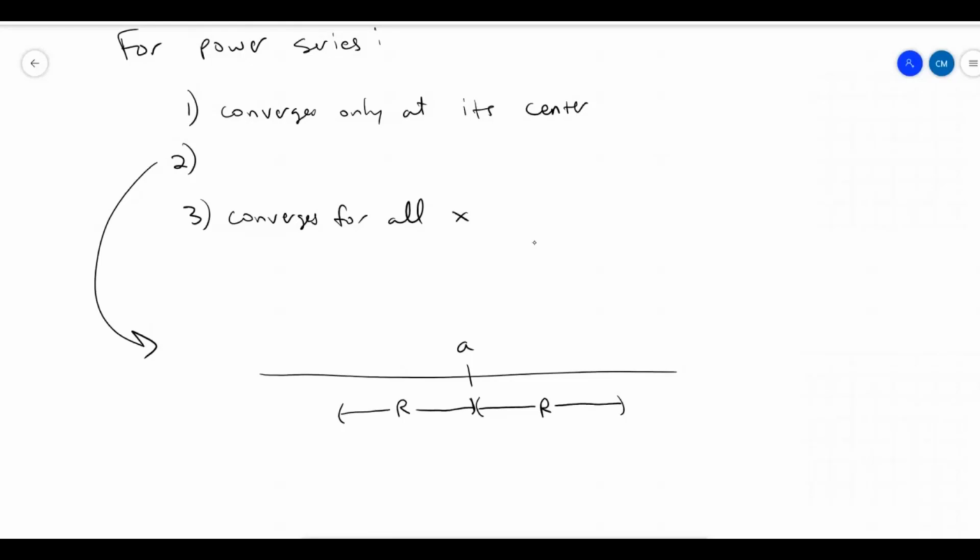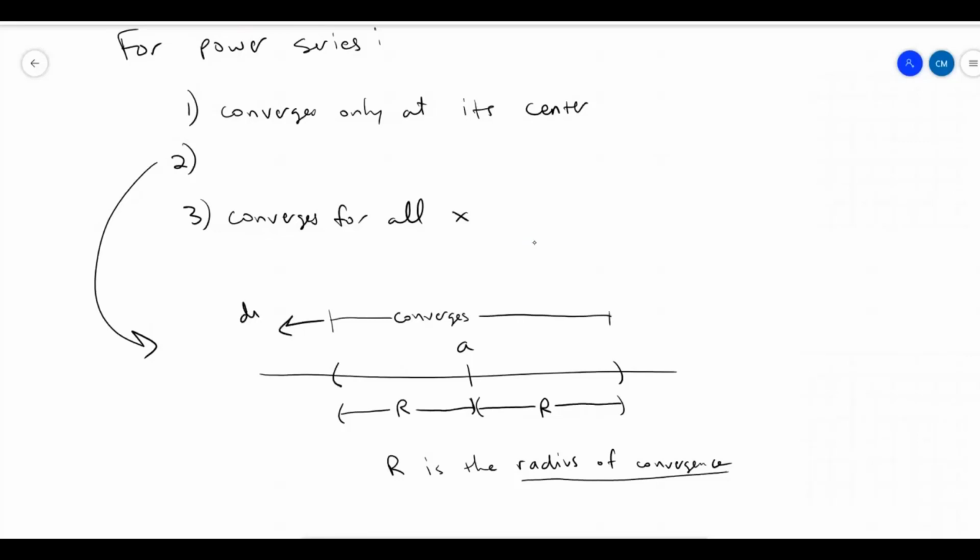And this R value here is called the radius of convergence. So basically, if you find that you have a particular radius of convergence, then that means the power series is going to converge for all of these values. Basically from here to here, it's going to converge if you plug in any of those x values. And then it's going to diverge outside of that window there.